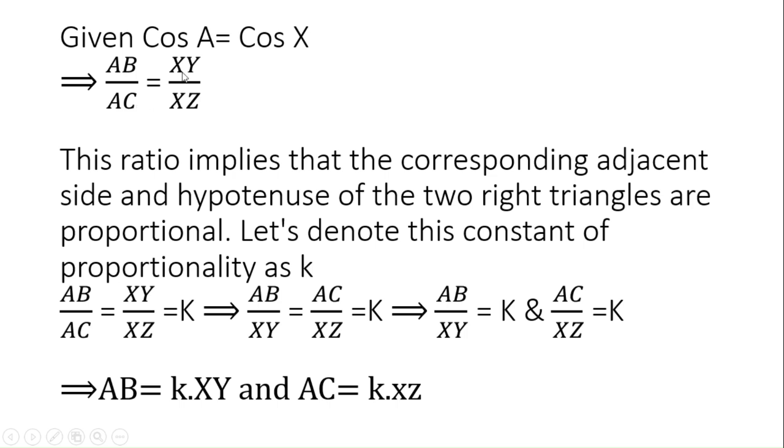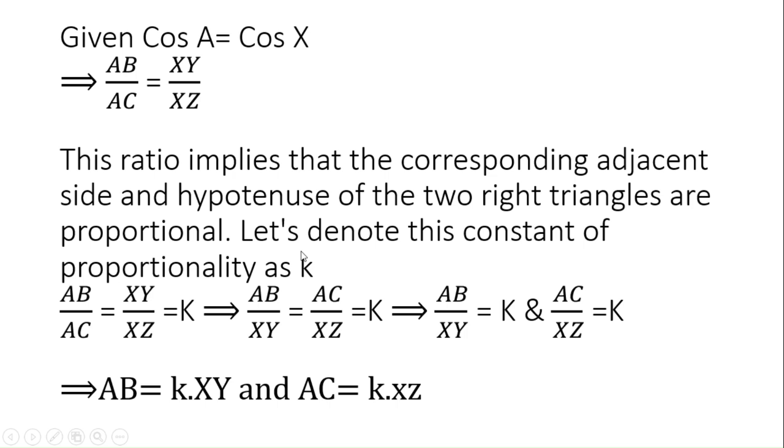In the same manner, in triangle XYZ, XY is the adjacent side to X and XZ is the hypotenuse. So in both triangles, the adjacent side and hypotenuse are proportional.